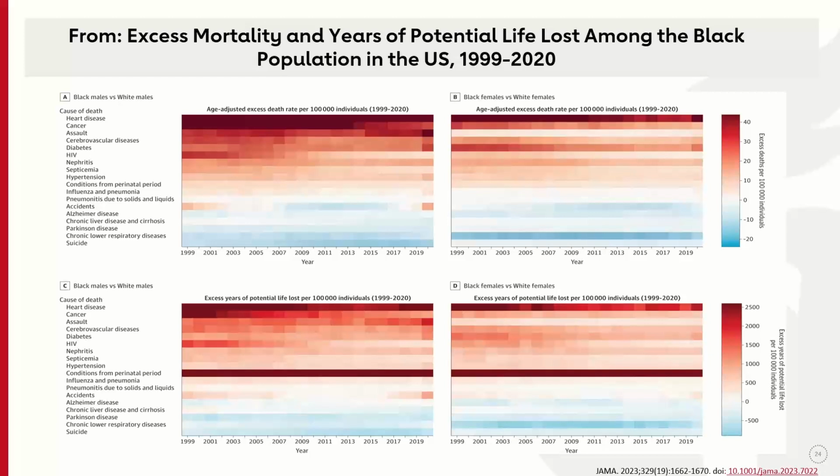And when we look at why this happens and what causes this excess mortality and excess years of life lost, we realize that both for men and women, in this slide, for Blacks compared to white males and for Black males compared to Black females compared to white females, cardiovascular disease is the predominant cause of these disparities.